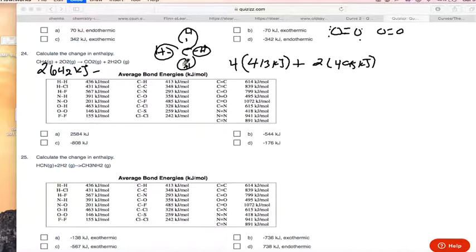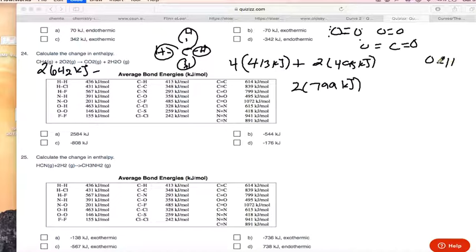All right, on the product side, you get CO2, and CO2 is another lovely double bonded situation. So you've got 2 of the CO bonds. So I come over here and see CO is 799 kilojoules, and remember you need 2 of them. Okay, and then the last thing, you have 2 H2Os.